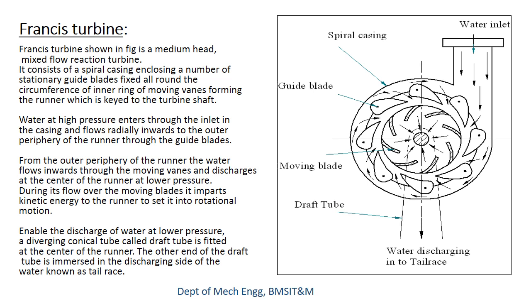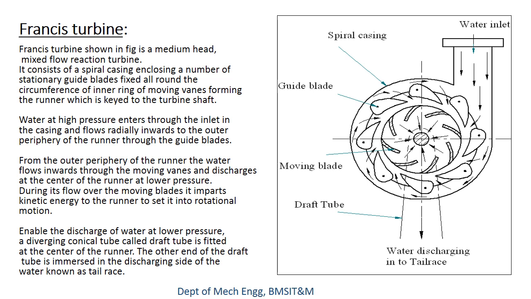Next, coming to the flow of water. If you look at the movement or flow of water from the entry of the turbine to the exit of the turbine, the water flows radially inward and exits axially. That is, the water exits parallel to the shaft and then enters the draft tube and exits through the tail race.